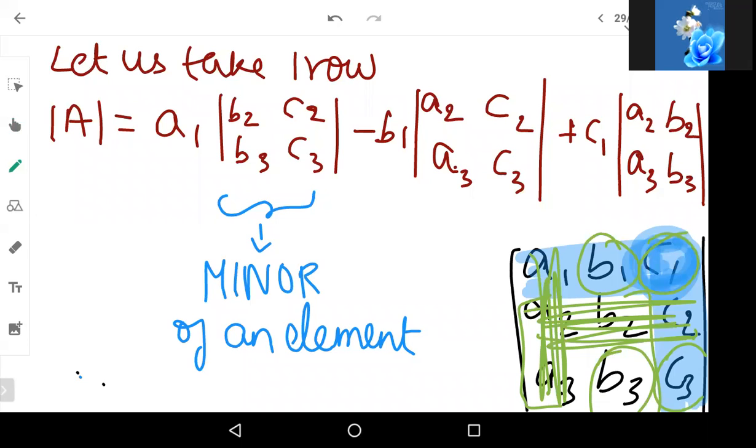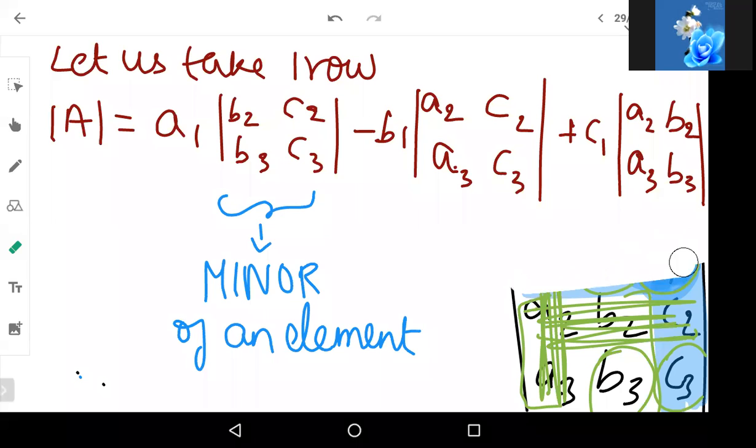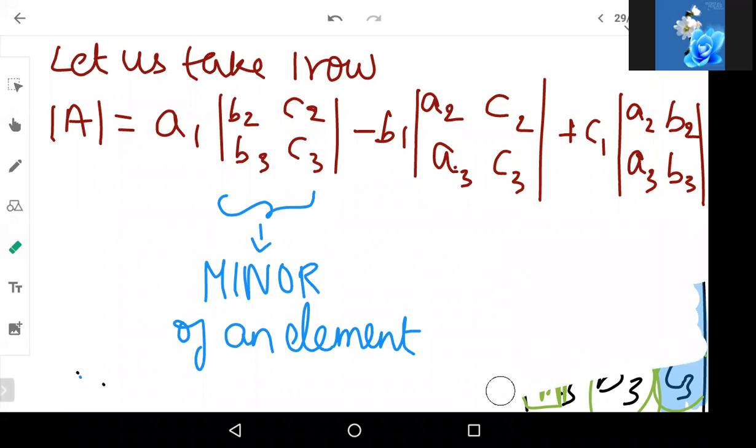Now, another important thing that you're supposed to understand is the sign position of a 3 into 3 matrix. What is the sign position of a 3 into 3 matrix, especially in the first row?